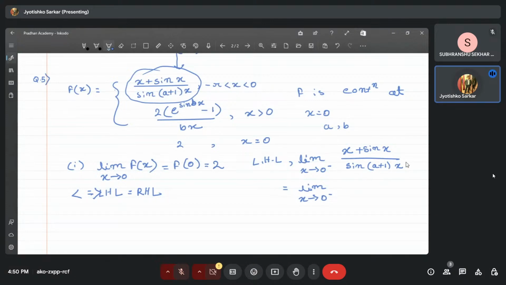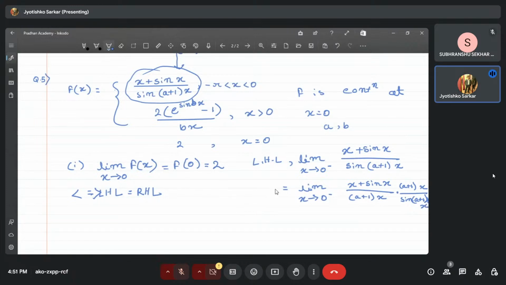We can multiply (a plus 1)x both in numerator and denominator like this: (x plus sin x) divided by (a plus 1)x into (a plus 1)x divided by sin((a plus 1)x).